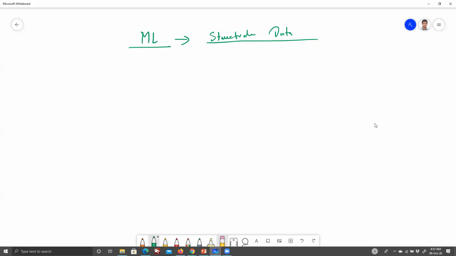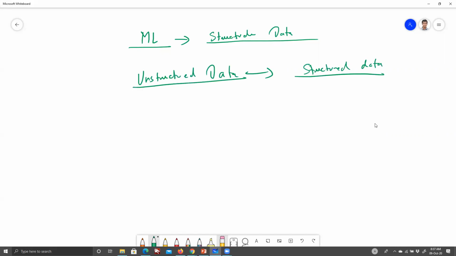Yes, basically you are right. If you have unstructured data, the trick is to convert it to structured data. So unstructured data has to be converted to structured data.